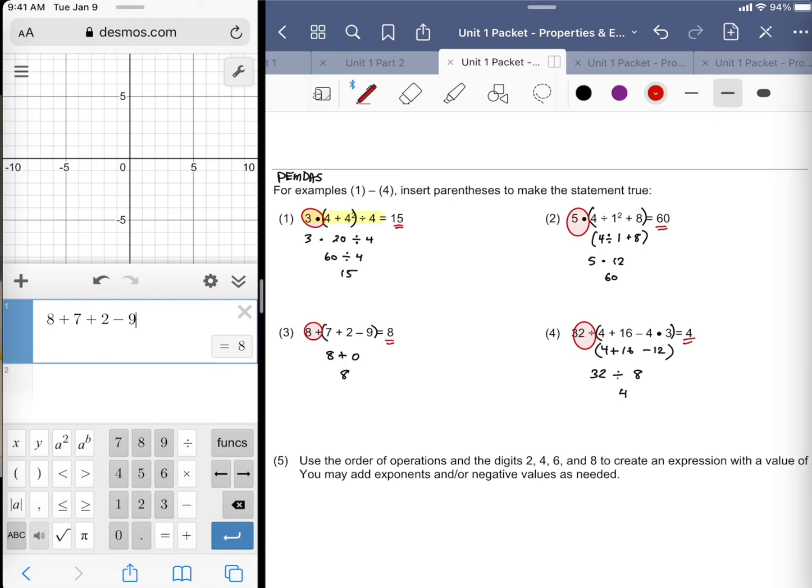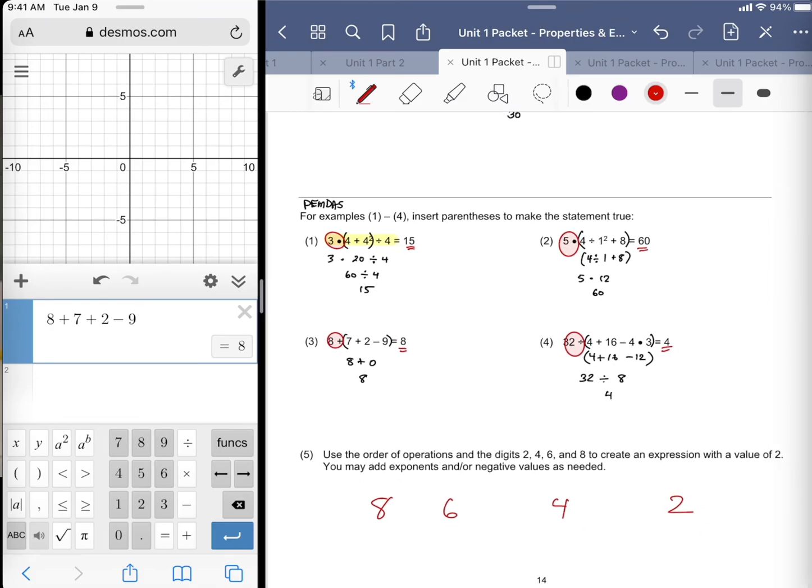So I would start off with the numbers 2, 4, 6, and 8, but if I want to use them appropriately, I would want to make sure that there's some ordering involved. I'd probably start with the bigger numbers, so 8, 6, 4, 2, maybe in that order. And it's got to have a value of 2.